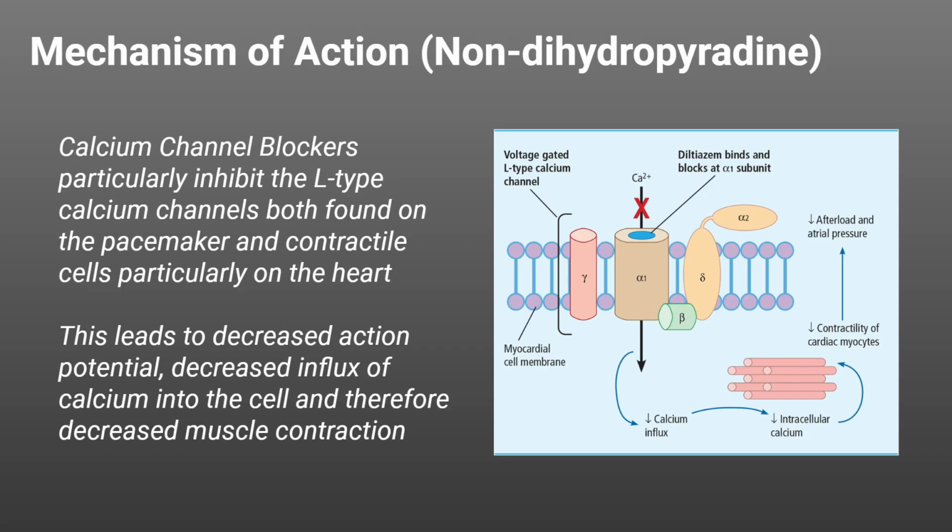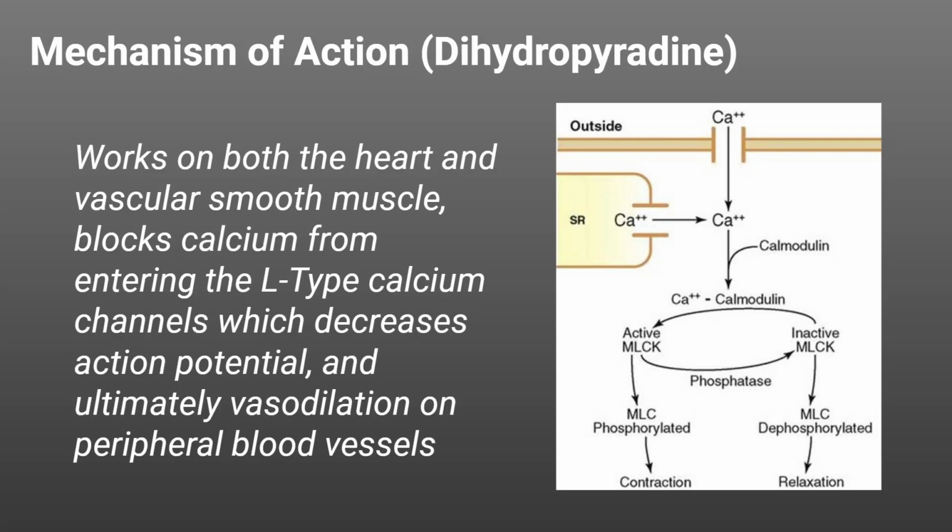You can see that diltiazem blocks the influx of calcium, which then decreases calcium and essentially decreases contractility of cardiac myocytes. Now, the mechanism of action for dihydropyridines, which are a different type of calcium channel blockers, is what I said earlier. You can see the mechanism of action on the right side.